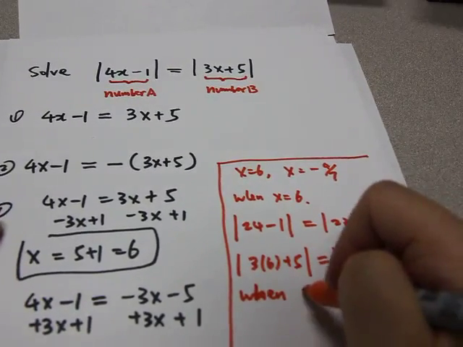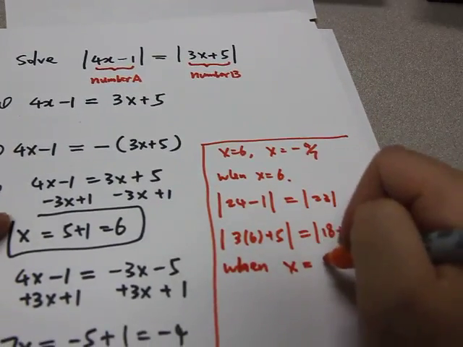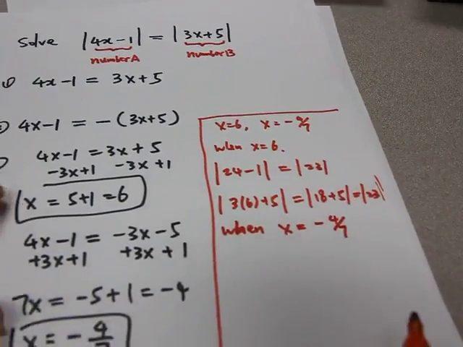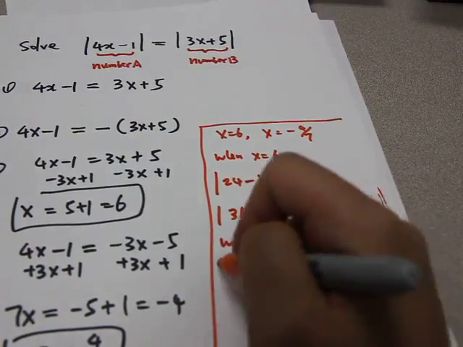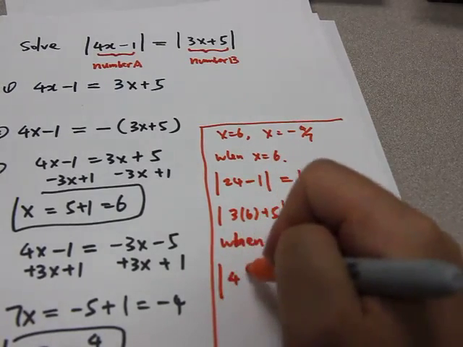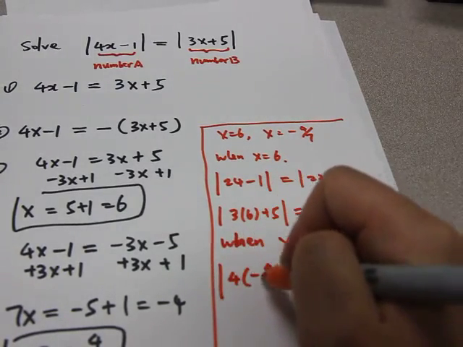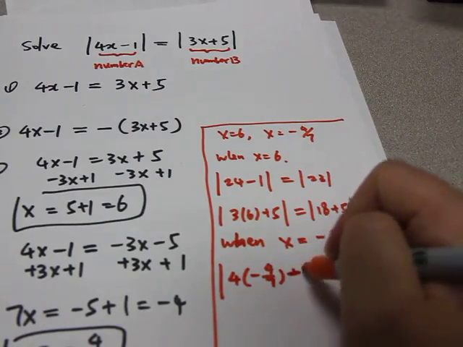Okay, now let's see. What about when x equals negative 4 over 7? When x equals negative 4 over 7, the left-hand side is 4 times negative 4 over 7 minus 1.